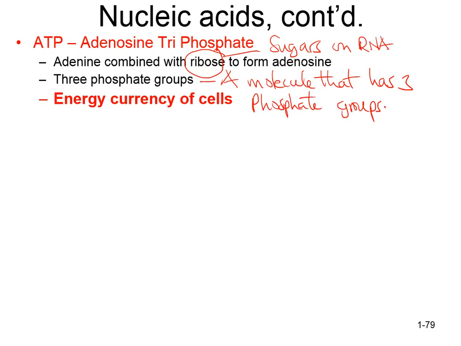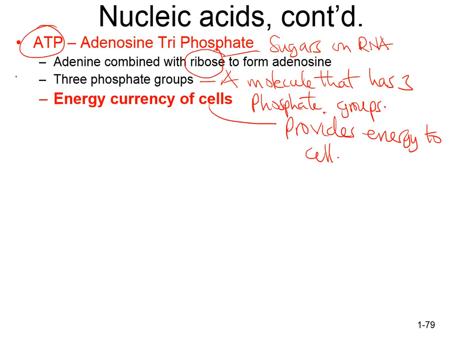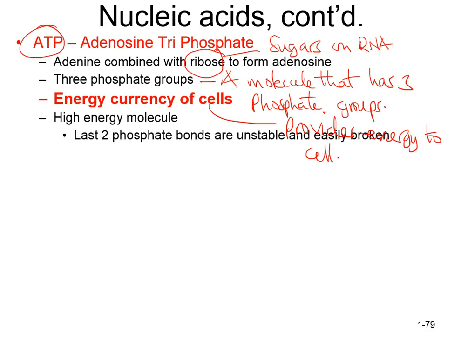And it is used to provide energy to cells. So the adenosine triphosphate provides energy to cells. In short, we call it ATP. It is actually a high energy molecule.